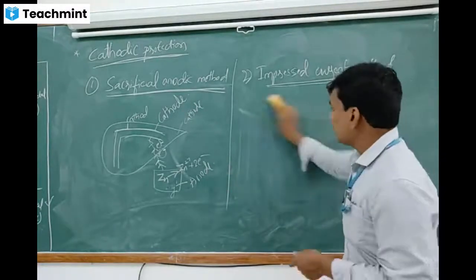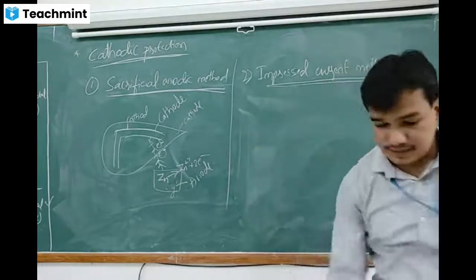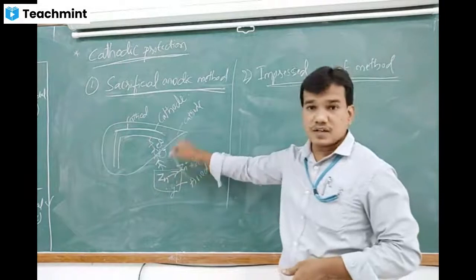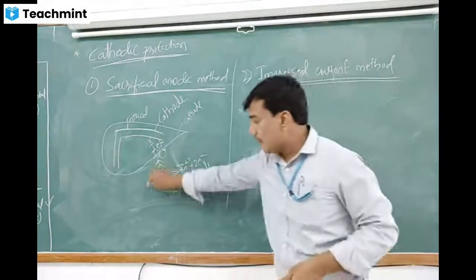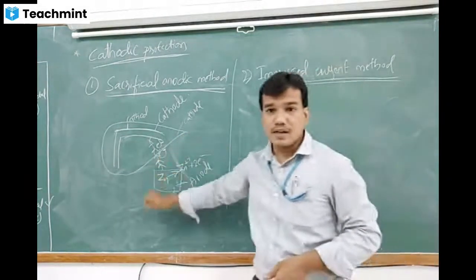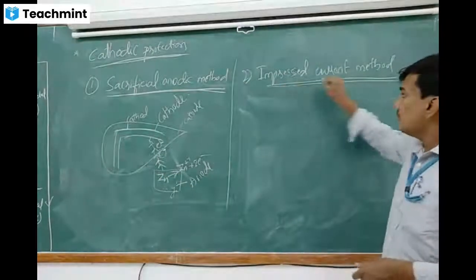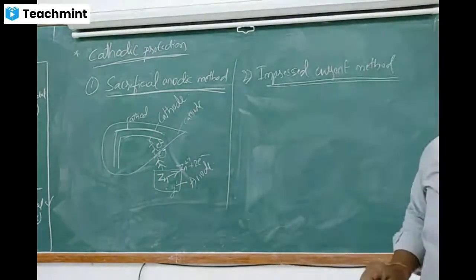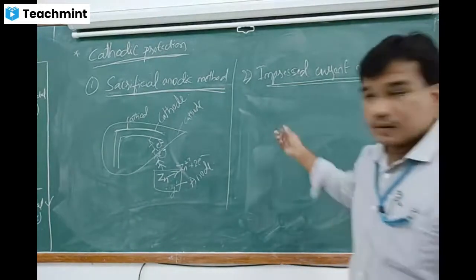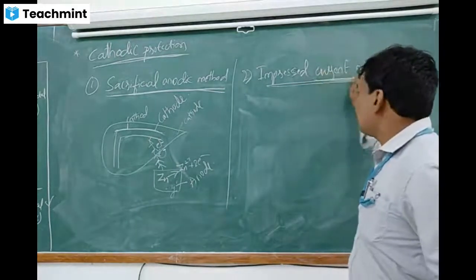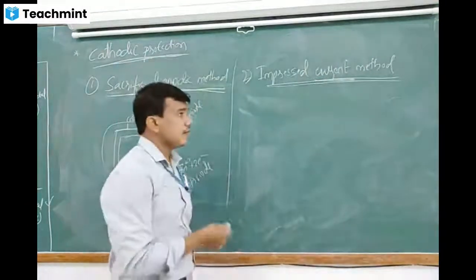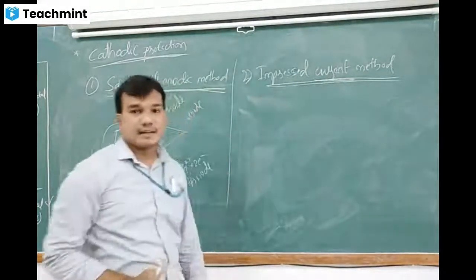So one method we have discussed is supplying electrons by connecting with the anodic metal. Another one is the impressed current method. The name itself shows that by supplying external current, we can save the metal.